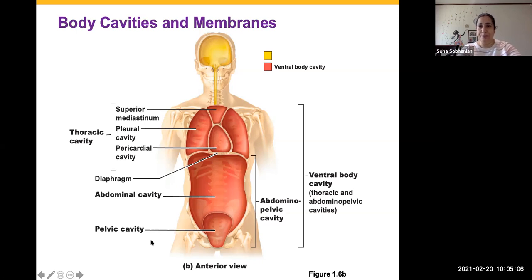Pretty straightforward. So what is the thoracic cavity made up of? What is your chest cavity, in layman's terms, made up of? The chest cavity is made up of the superior mediastinum, which is this one right here. The one that has your heart is called the pericardial cavity. And the ones that your lungs belong to, these two on the side, are called pleural cavities.